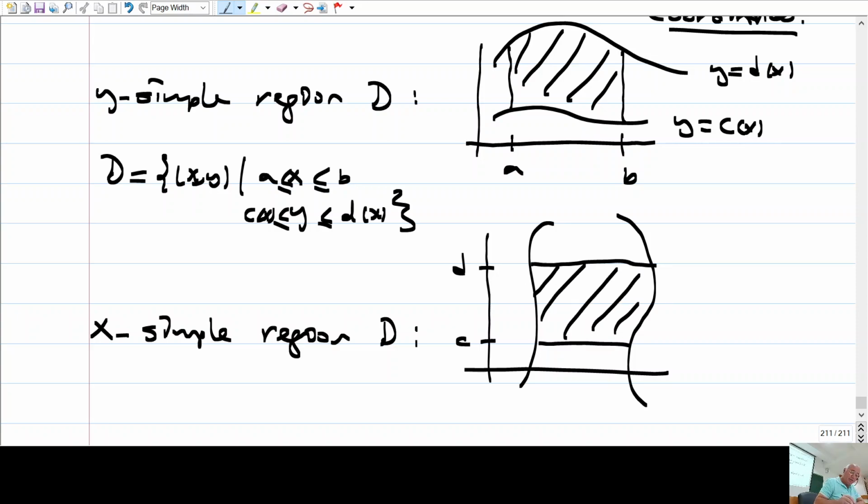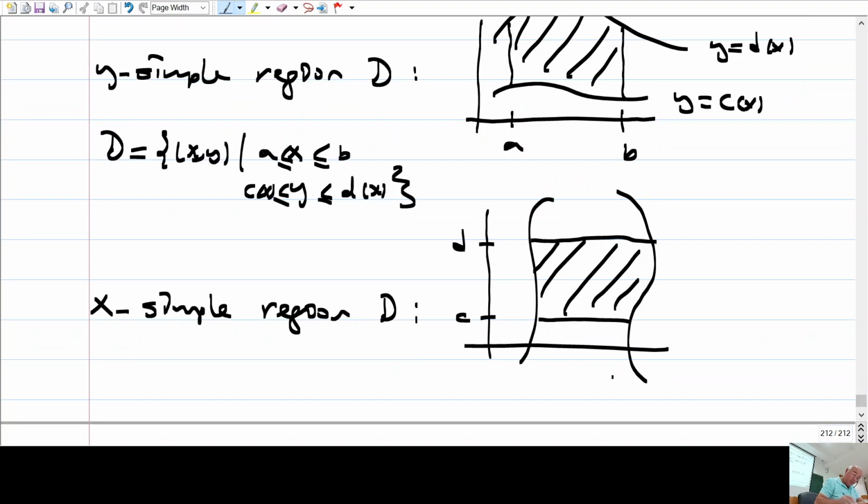Here, let's say this is x equals a of y, and this is x equals b of y.